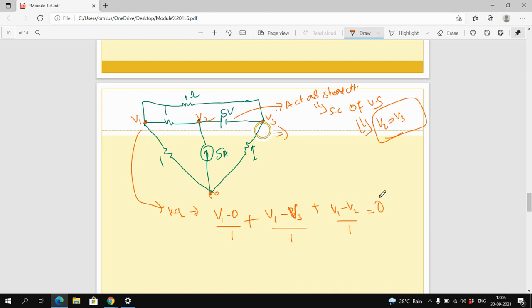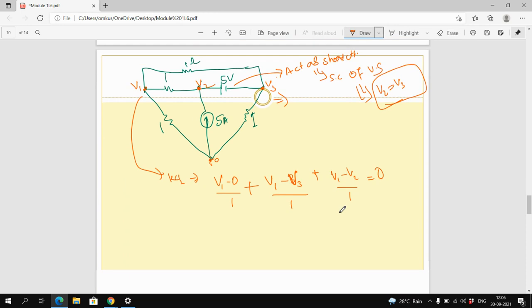See, sum of currents at any node equal to 0.